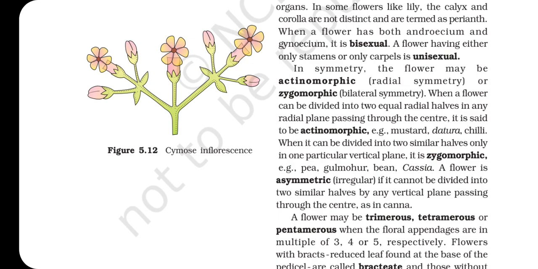When it can be divided into two similar halves only in one particular vertical plane, it is zygomorphic, as in pea, gulmohar, bean, cassia. A flower is asymmetric or irregular if it cannot be divided into two similar halves by any vertical plane passing through the center, as in canna.